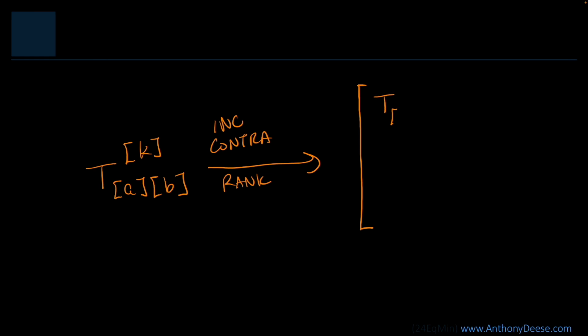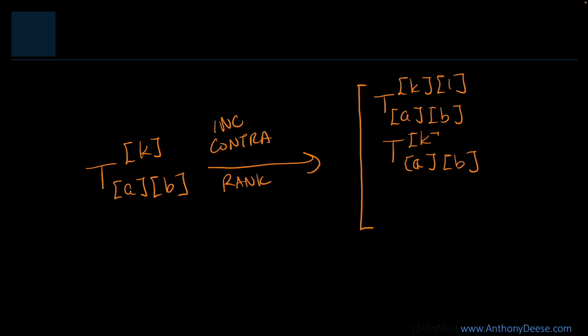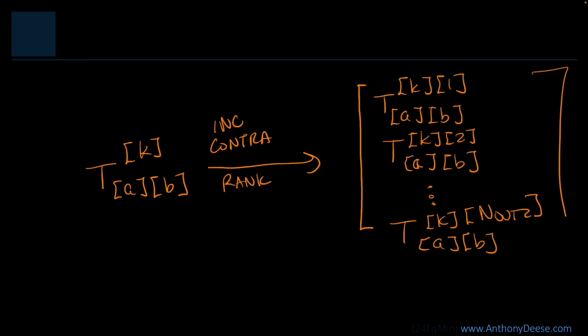So what we'll have is TABK1, sorry, my writing gets more messy as I write quicker, and then down to T, A, B, K, and then N out 2, which is what we call the length along that new contravariant rank.